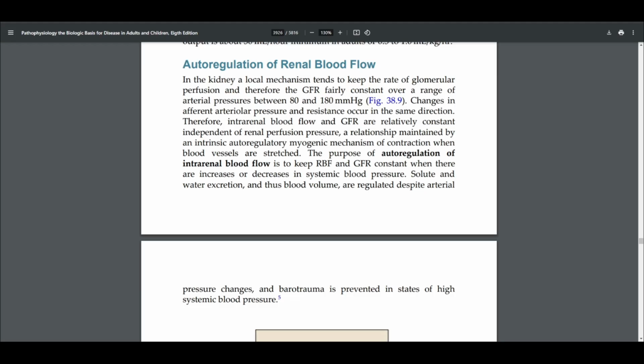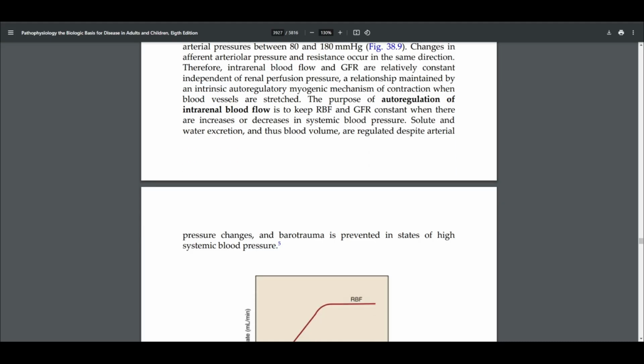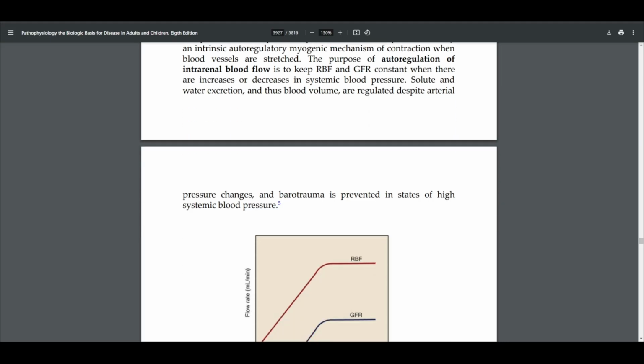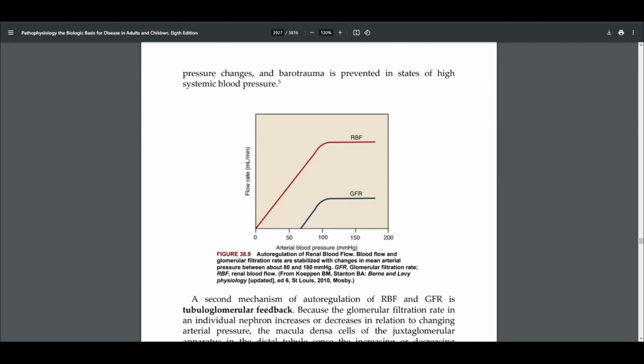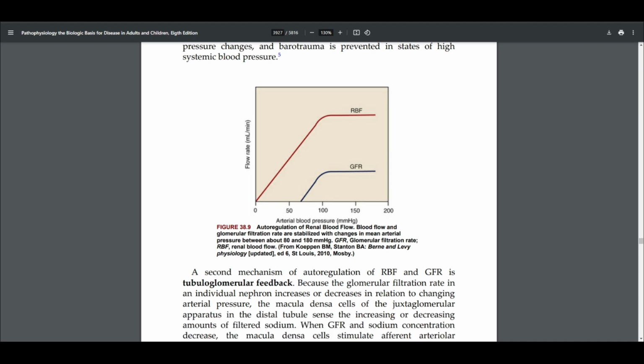The purpose of autoregulation of intrarenal blood flow is to keep the RBF and GFR constant when there are increases or decreases in systemic blood pressure. Solute and water excretion, and thus blood volume, are regulated despite arterial pressure changes, and barotrauma is prevented in states of high systemic blood pressure.